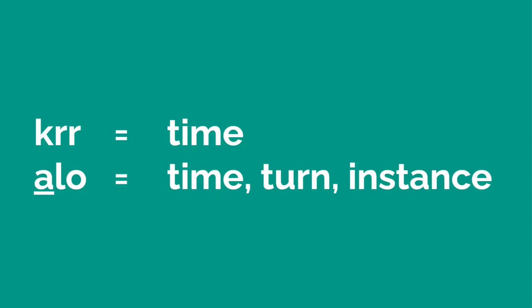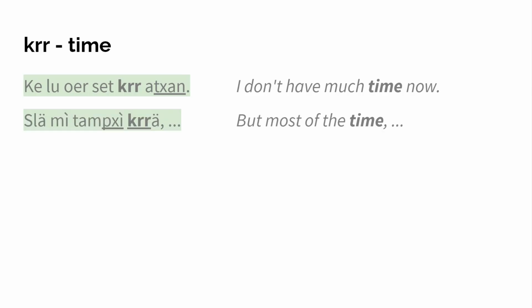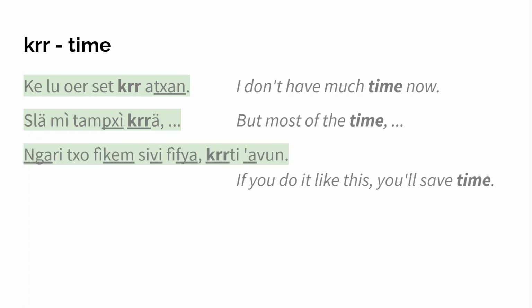Let's look at some examples of those two words. First, let's look at examples of grr, time. Geluwerset grr atan. I don't have much time now. Slemetampe grrre. But most of the time, literally, but in the majority of the time. So you see the word for time got the genitive case ending here because it's a noun, so it can get case endings.